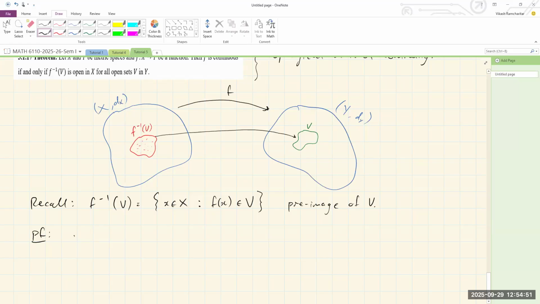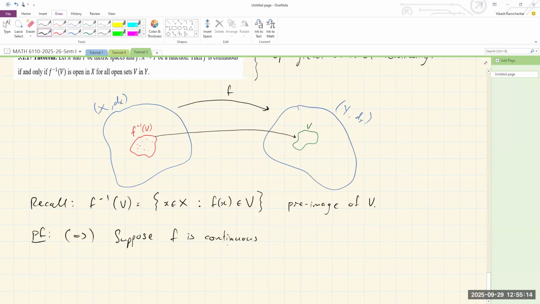Okay, so let's try to prove this direction first. Suppose f is continuous. I want to show that it pulls open sets in Y back to open sets in X. So suppose f is continuous.